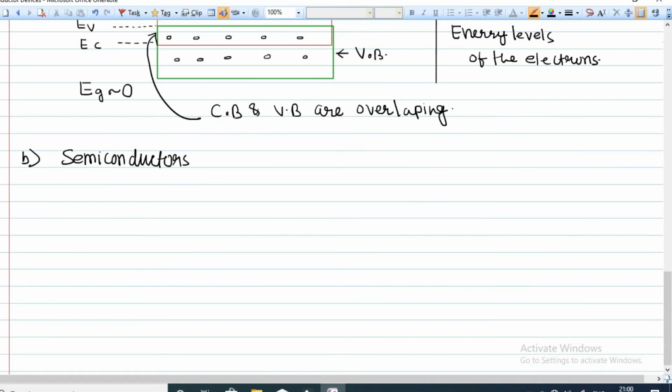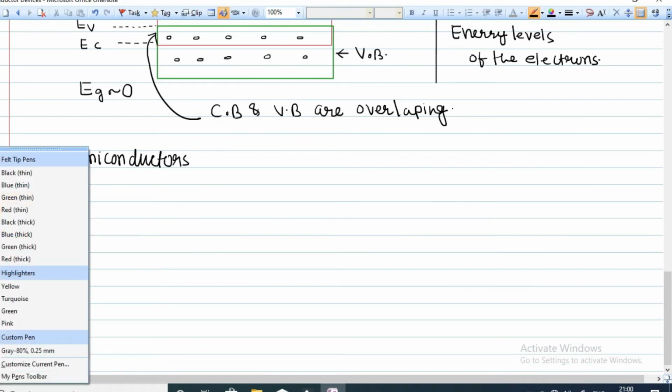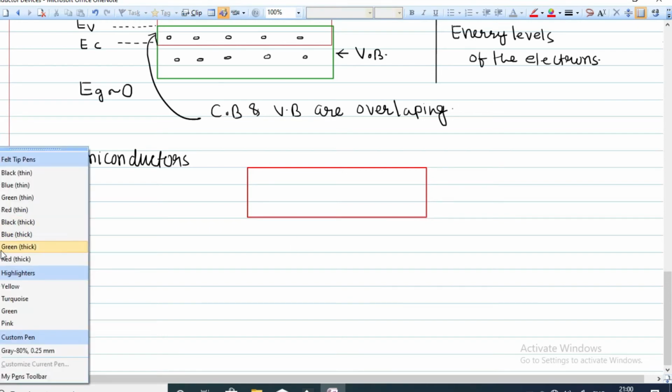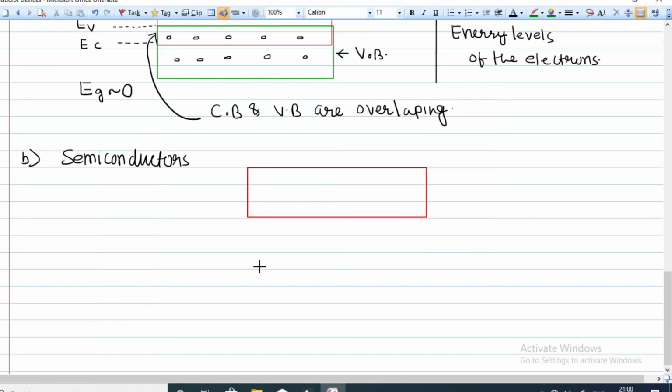So let me draw the bands first, conduction band and valence band. So this is representing the conduction band, and this part is representing the valence band.